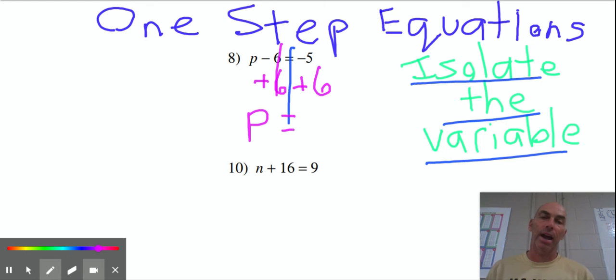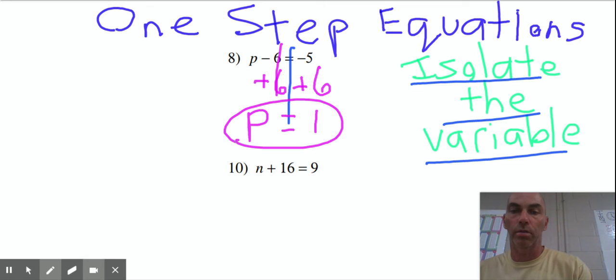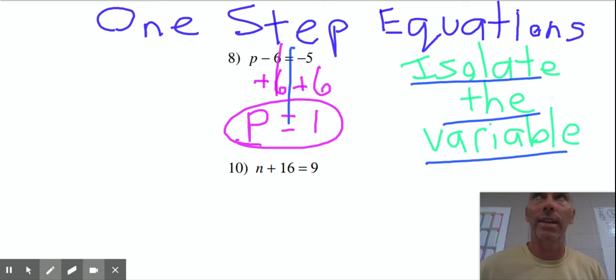Keep the sign of the higher value. So negative 5 plus 6 is 1. So p equals 1. Why is it not negative 1? Because the 6 is the higher value and 6 is positive. So the answer is going to be positive.